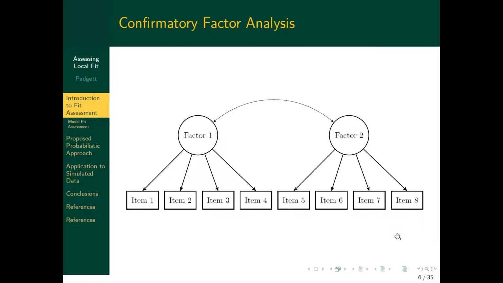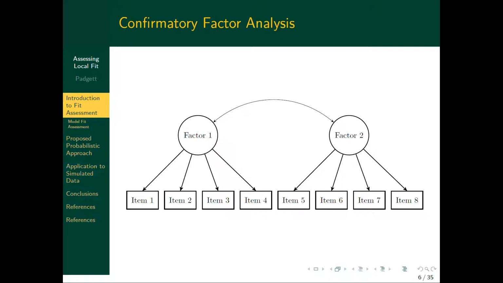What we hypothesize going into it is that we have this very nice simple structure where each factor is only measured by 4 items, but the 2 factors are correlated. And so that gives us a very simple interpretation of what each item is measuring and how the items and factors, or different subdomains of the construct we're interested in, are related to each other.